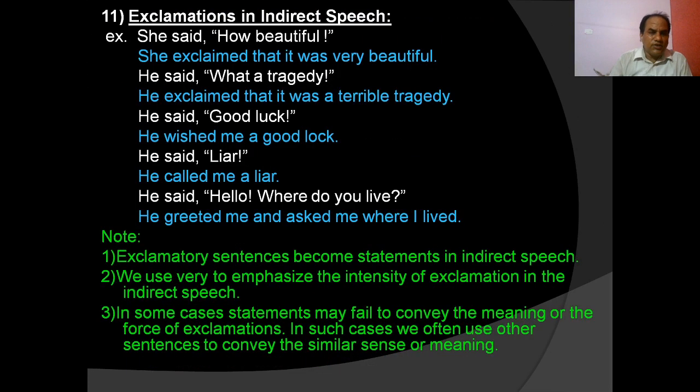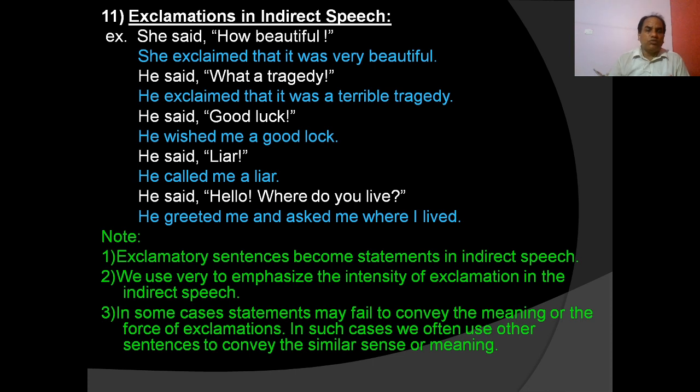You see the last one. How exclamations are changed from direct to indirect speech. How to change exclamatory sentences into indirect speech. Take the example. She said, how beautiful. How beautiful is the exclamatory sentence, it is an exclamation. So we have to change it.